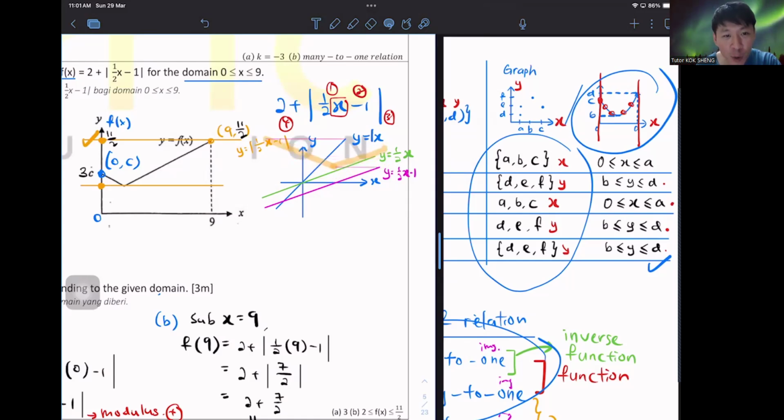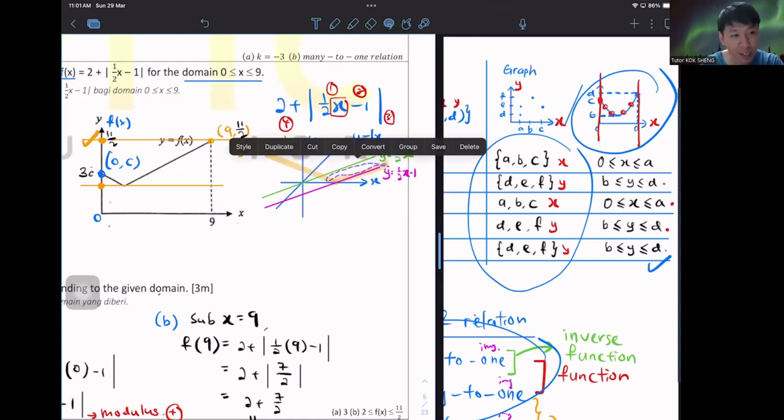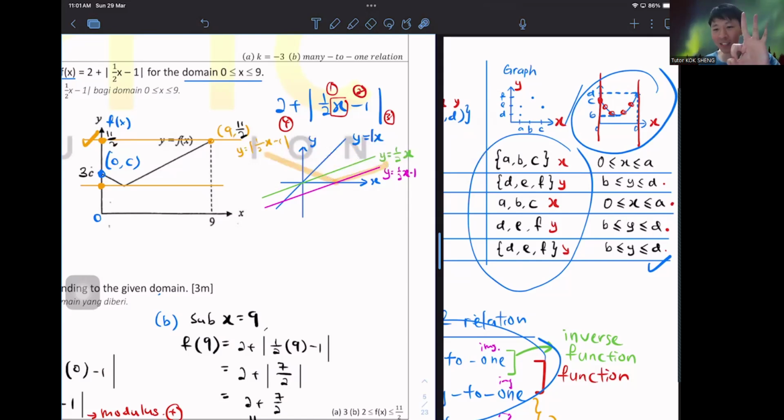So in the end, you get the graph like this. Is it okay so far about the sequence of getting the graph? Is there any question about how the graph becomes like this?